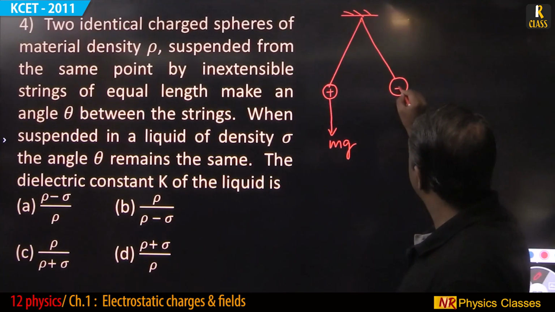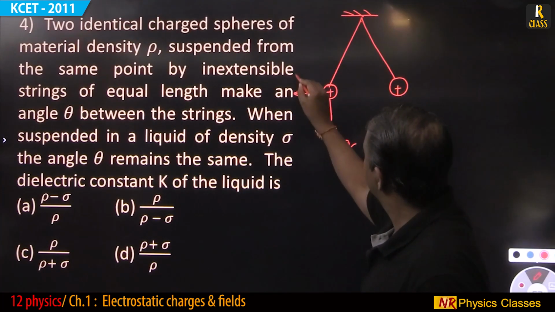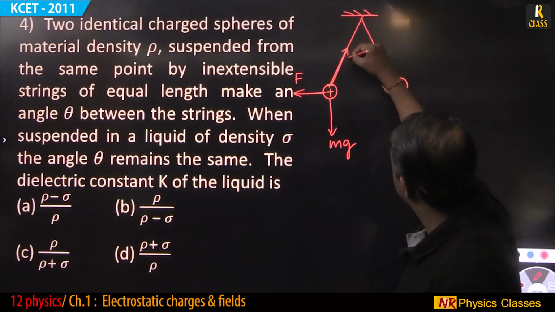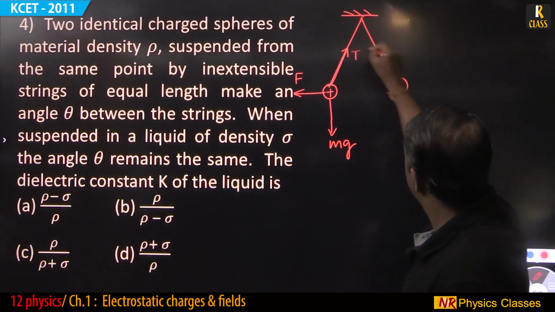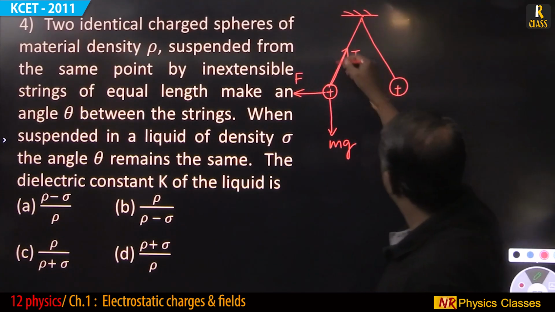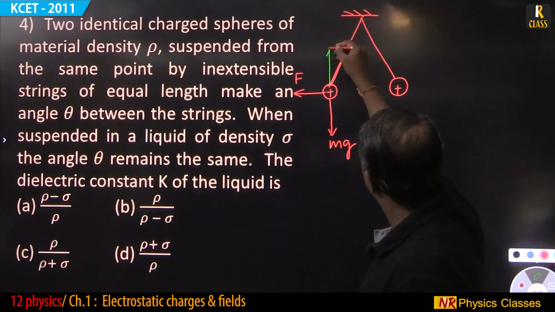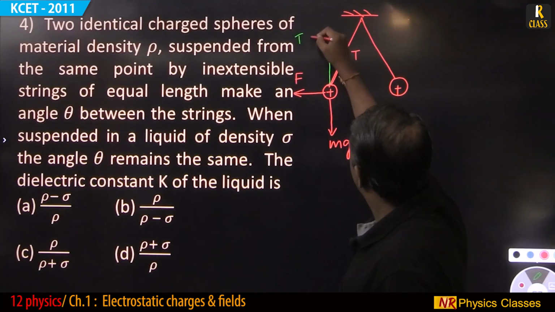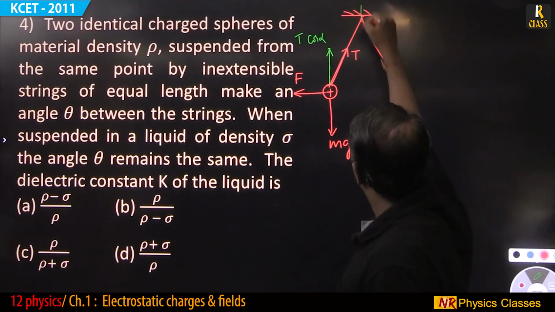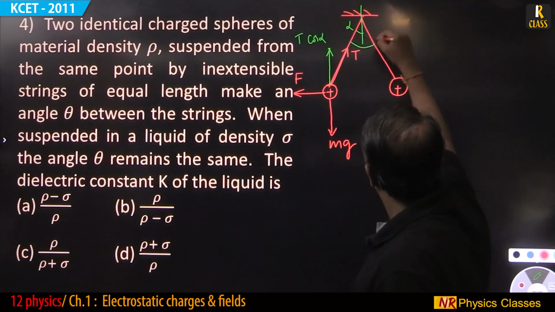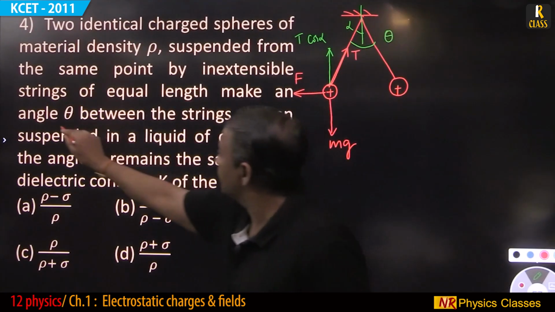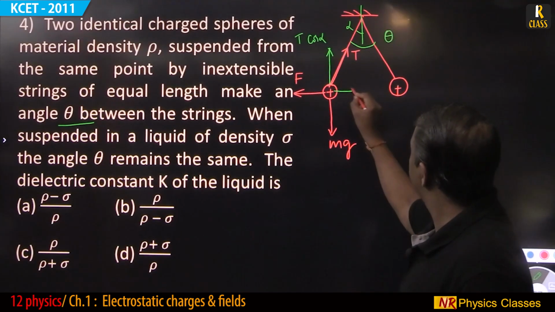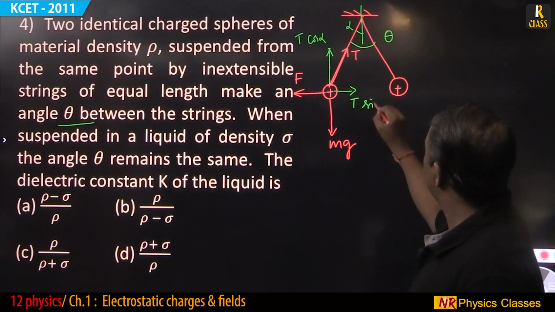Because of charges, this is the repulsion force F, and this is tension in this string T. This tension is resolved into two components, T cos alpha. Let this be alpha, and total angle is theta. Total angle is mentioned. And the other component is T sin alpha.